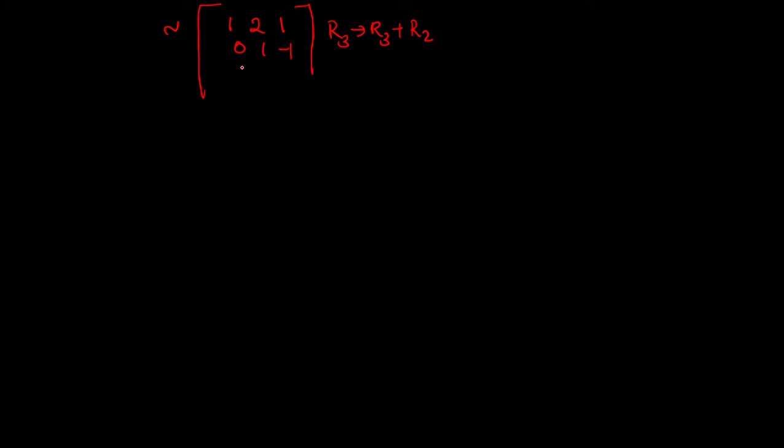And the third row becomes zeros. And R4 gives R4 plus 3 R2. And the fourth row becomes zeros. And this is the reduced matrix. And since the reduced matrix contains 2 non-zero rows, therefore the rank of the given matrix is 2.